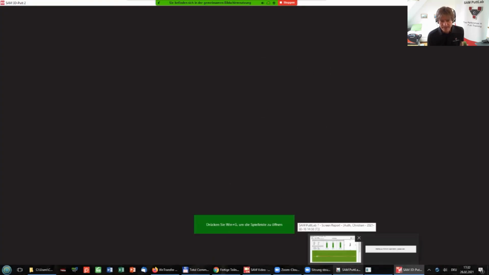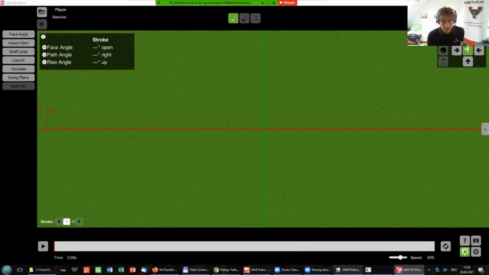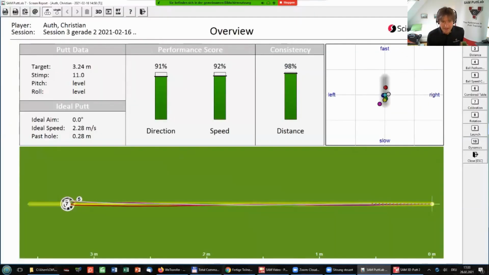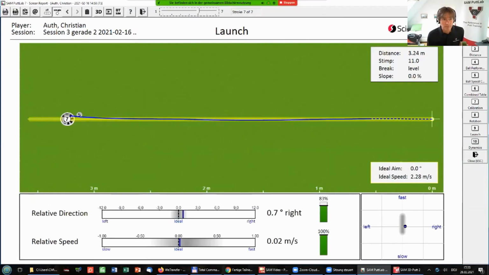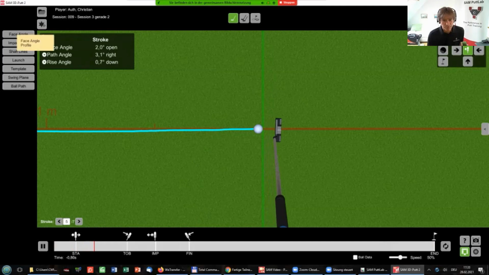So if I'm selecting a putt in SAM PuttLab, let us say I select putt number 5. This putt was just bouncing back from the hole. And if I then look at 3D, I will see exactly the same putt here.